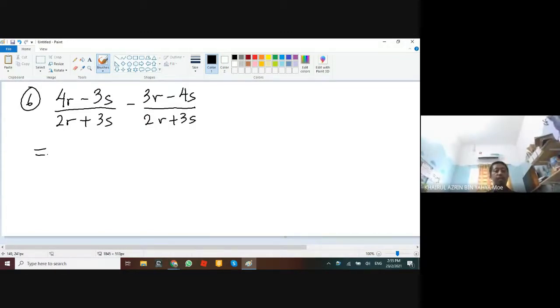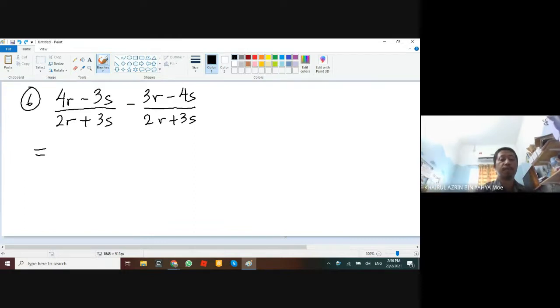However, you must be careful here because between the fractions we have minus. If you have minus between fractions, you must be very careful. Why? Let me show you.